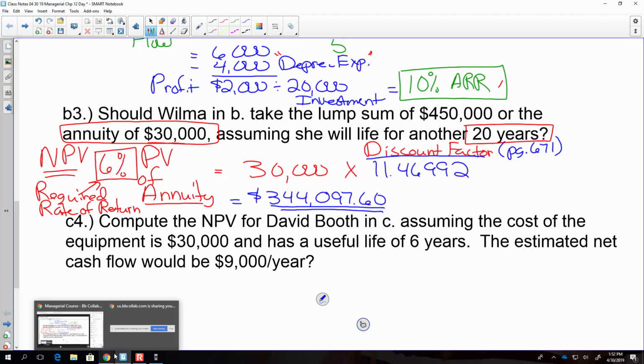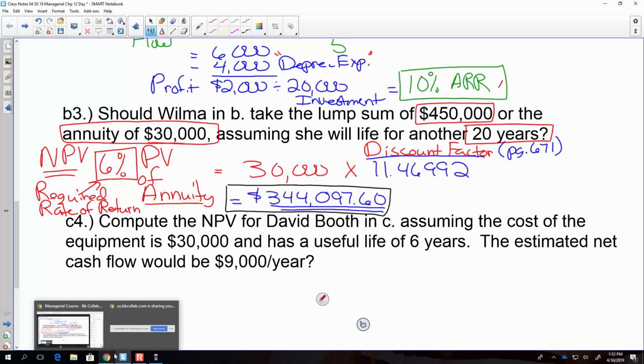So guys, what would you do? Would you take this annuity stream, or would you take the lump sum? Obviously, you would take the lump sum, right?